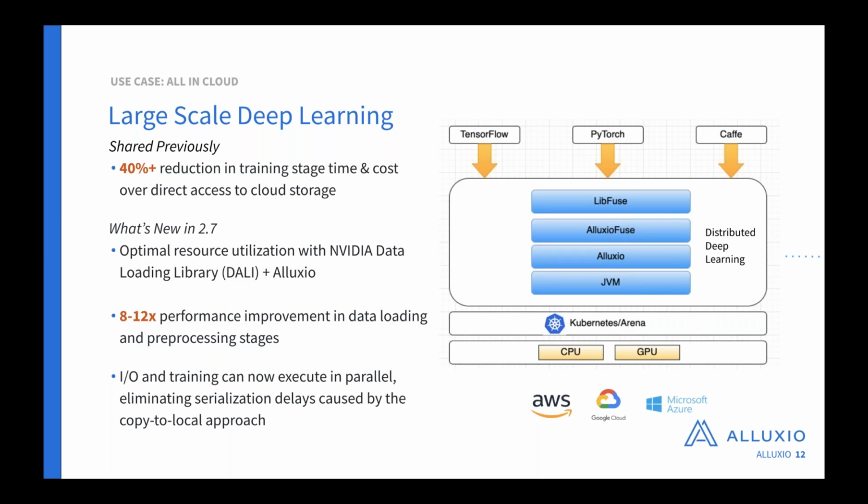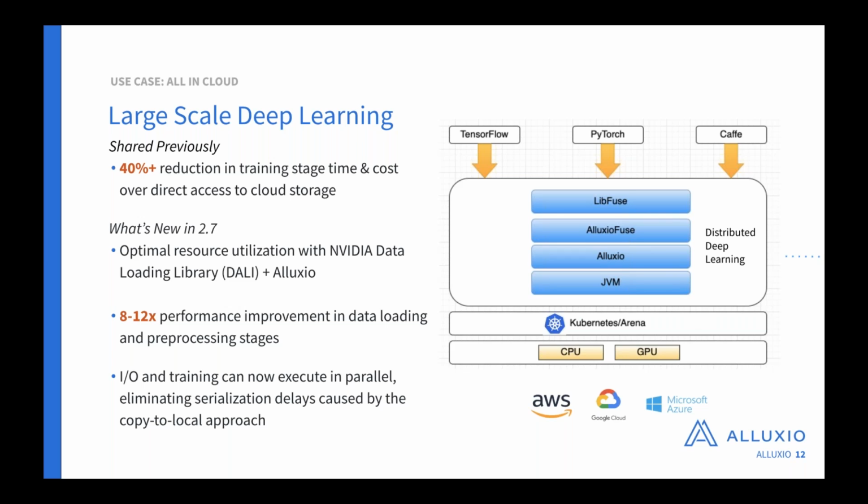So by making sure GPUs are utilized, Alluxio was able to provide something like a 40% reduction in training time and associated cost because GPUs are no longer idle as much as they used to be.